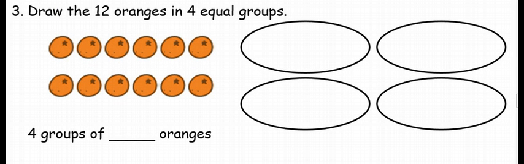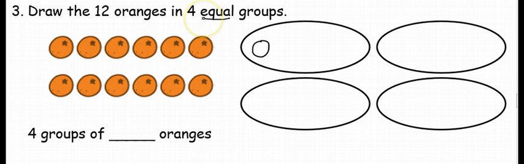The next question says to draw the 12 oranges in 4 equal groups. So I have the 12 oranges here and I want to redraw them in my 4 groups so that we have the same number of oranges in each group. So I'm going to just start distributing them one at a time and I'll count as I do that. So I know I have 12 oranges altogether.